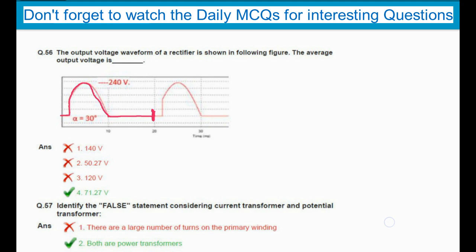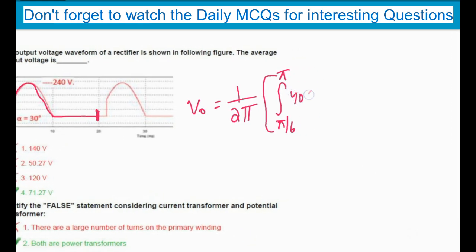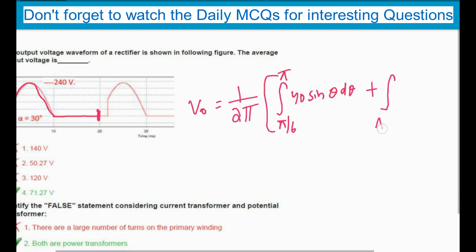So V output average will be 1 by 2 pi integration from pi by 6, which means 30 degree, to pi, because the wave is present. So this is 240 sin theta d theta, plus pi to 2 pi, this is 0.